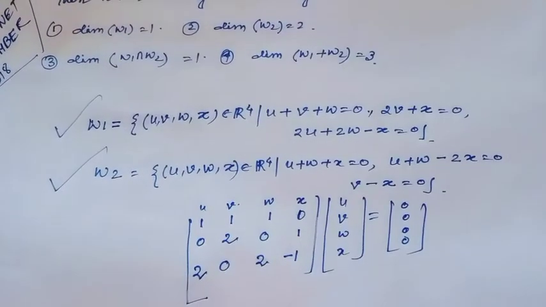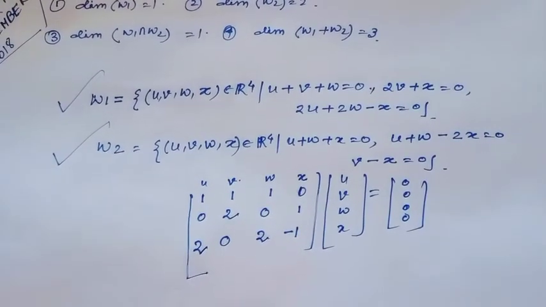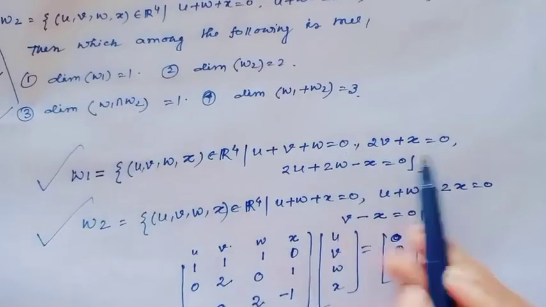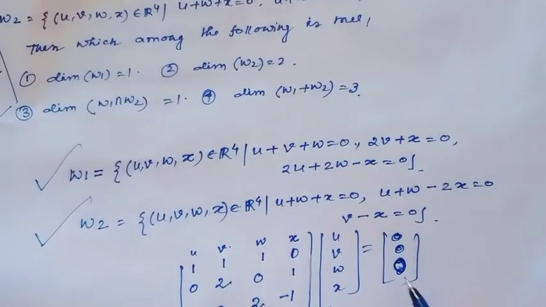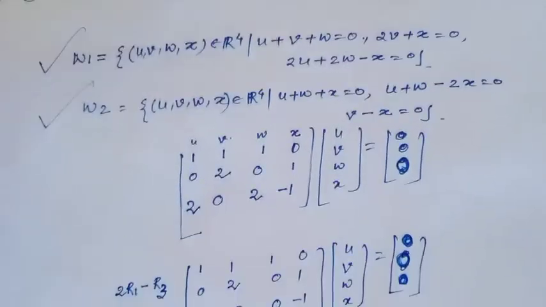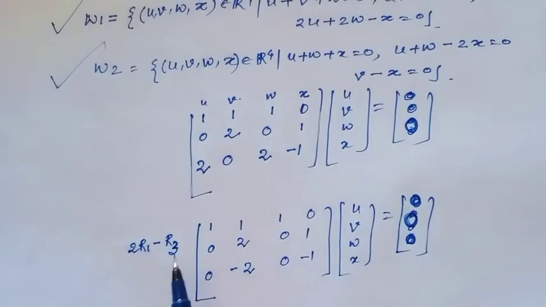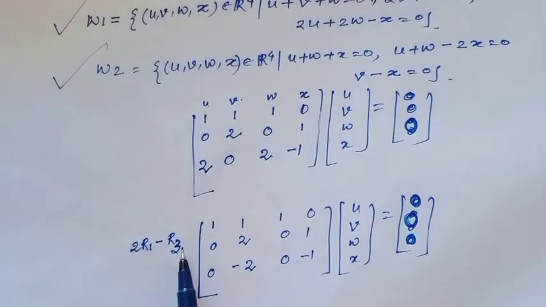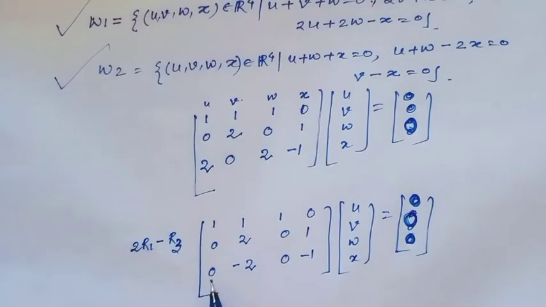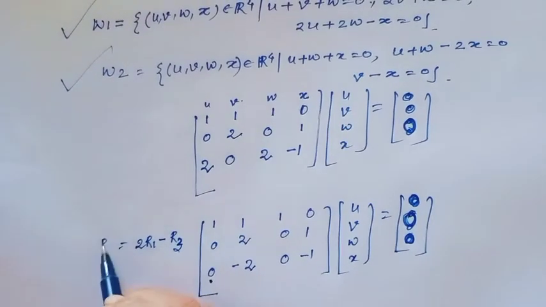Have you understood this part? Sorry, here it would be 0, 0, 0. Now the operation would be 2R1 minus R3, giving R3 dash.